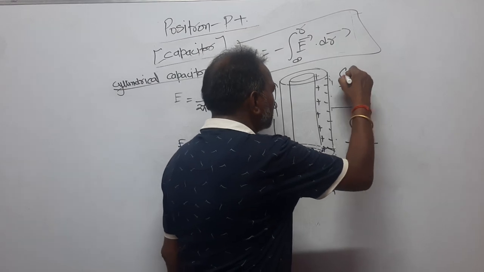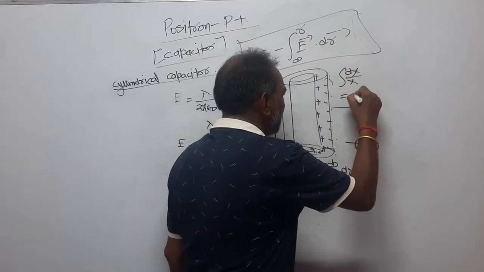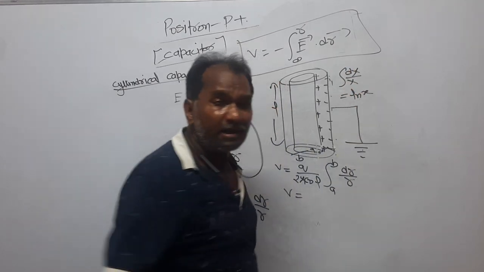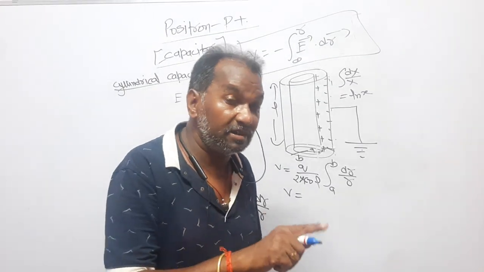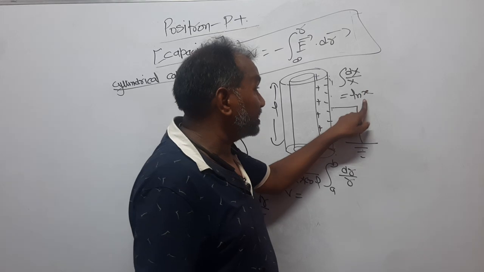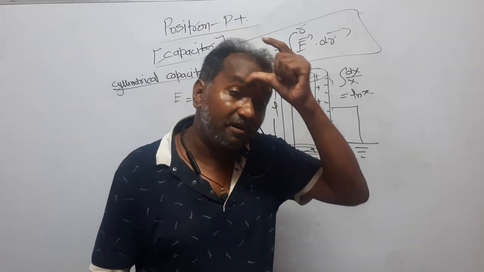You know, integral dx upon x is simply ln x. Ln x, natural log x, means log x base e. If there is a log x base 10, then that is a general log.